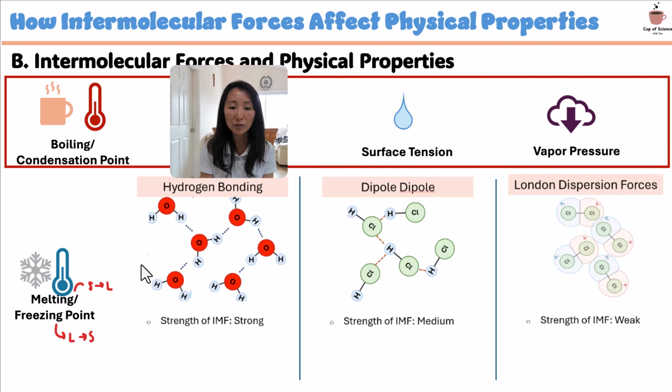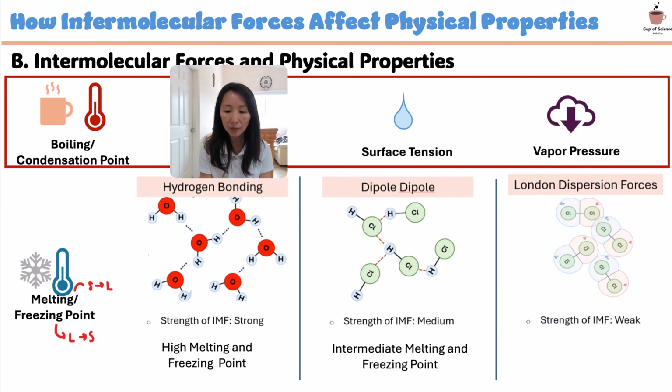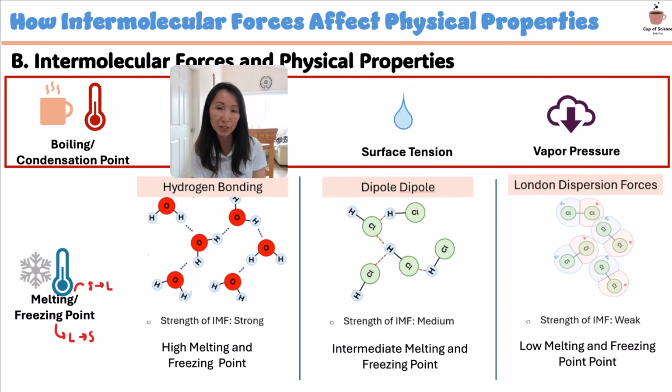Now, a molecule with hydrogen bonding will experience a high melting or freezing point. What that means is it requires more temperature in order for the molecules to go from a solid to a liquid. Dipole-dipole is intermediate, in between, and the next one is the low melting and freezing point.